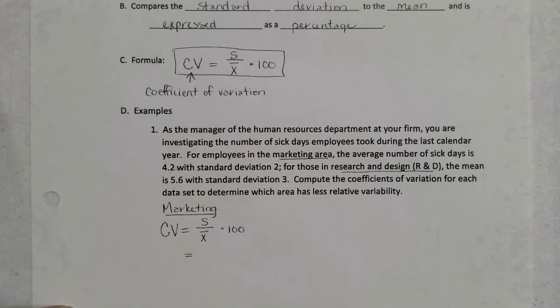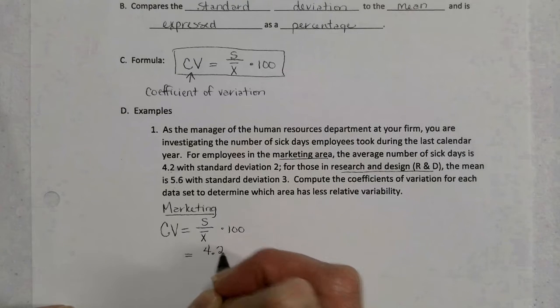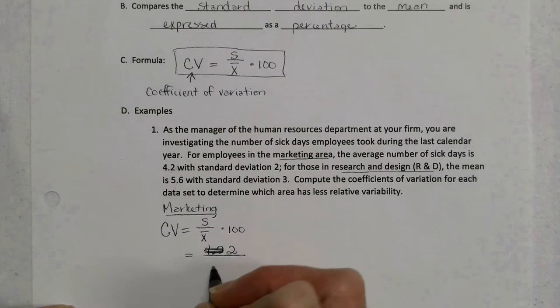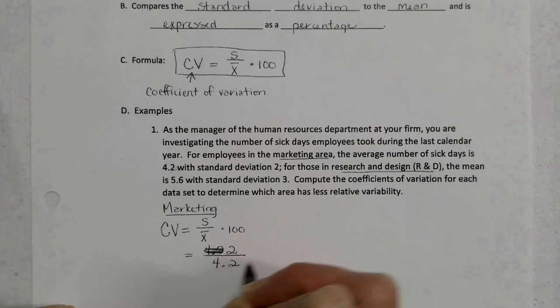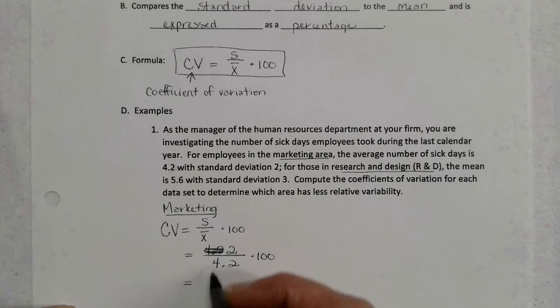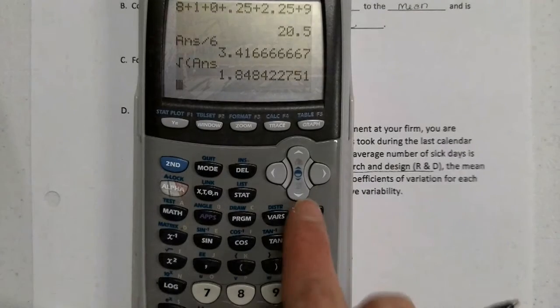So my sample standard deviation for the marketing area is 4.2. Whoops, nope, sorry, is 2. And I'm going to divide it by my mean of 4.2. And then I'm going to multiply by 100. Well, 2 divided by 4.2 is 0, and let me show you that on a calculator here.